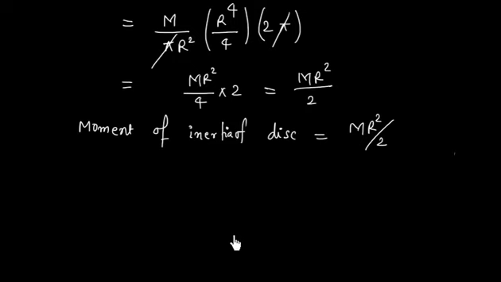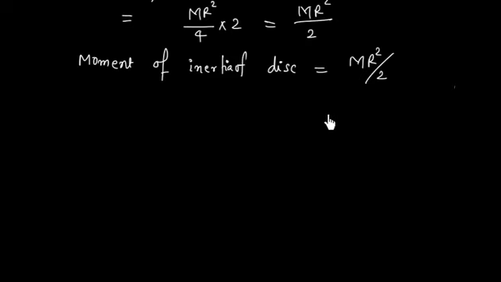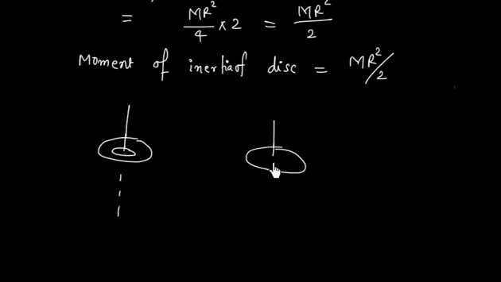So we said there are two methods to calculate the moment of inertia. In one method, we are making elemental rings and then adding the moment of inertia of all elemental rings. In another method, we are making a small patch on the disk and then integrating on two variables, r and theta.